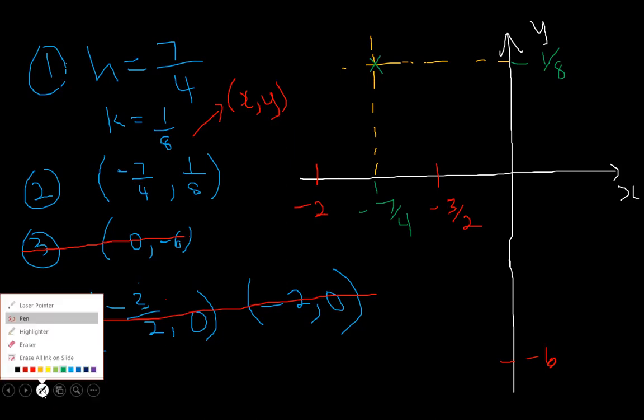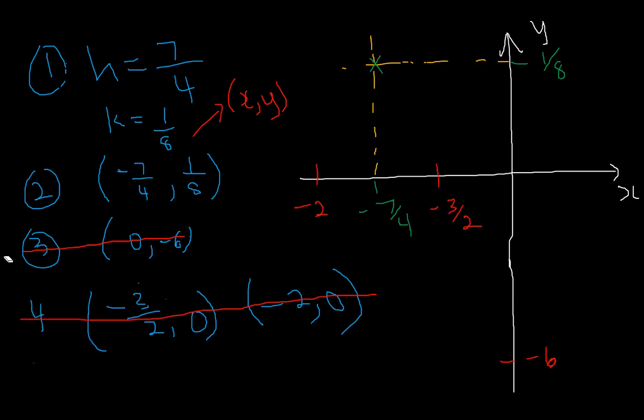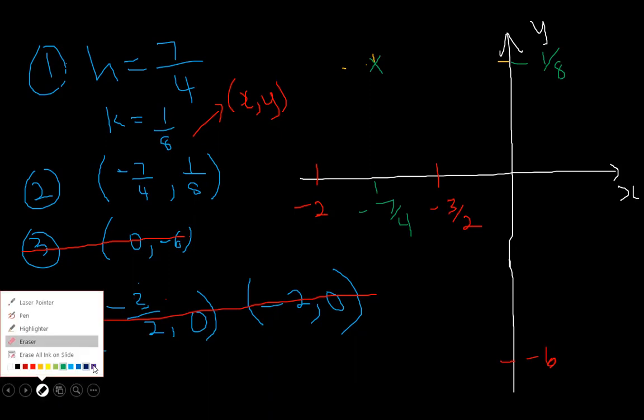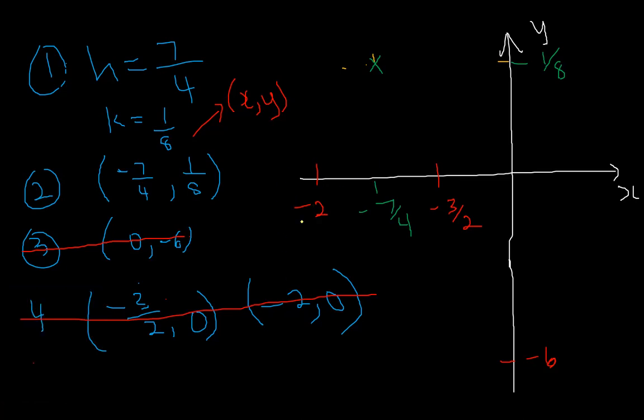All you have to do, now that you have this, this, and this plotted, is just draw your curve. Let me use yellow. All I have to do is connect all of them.